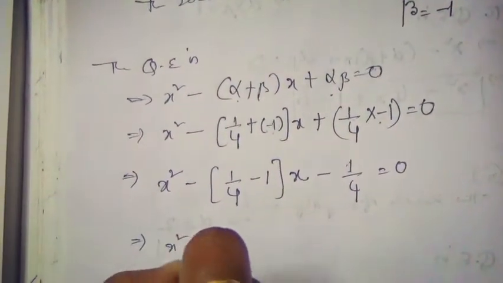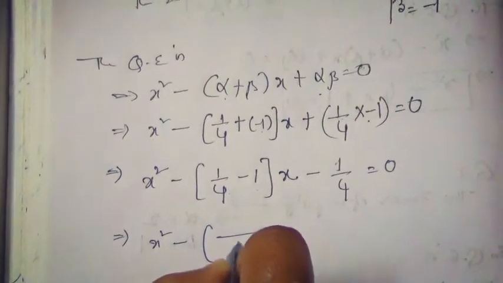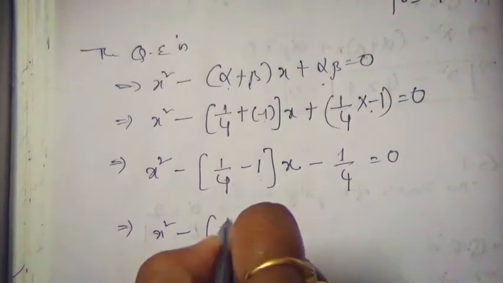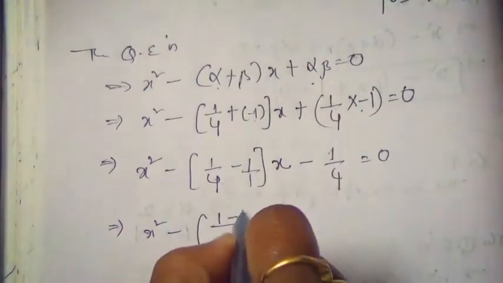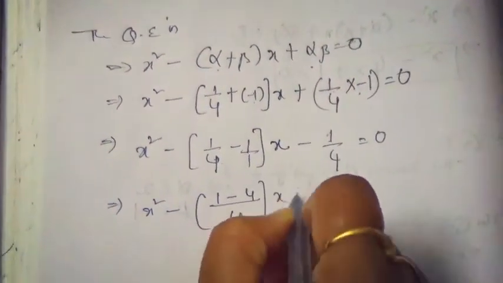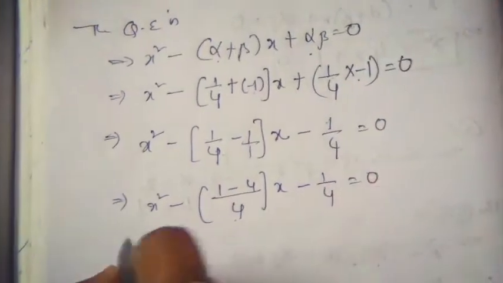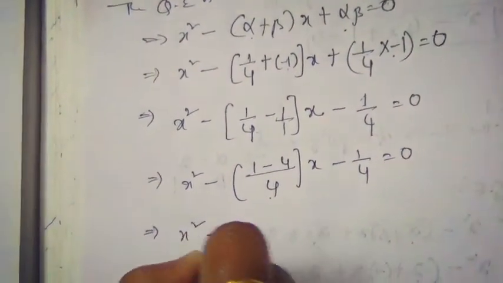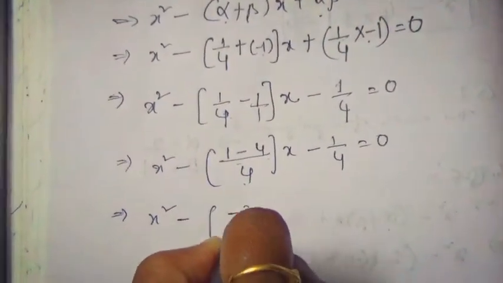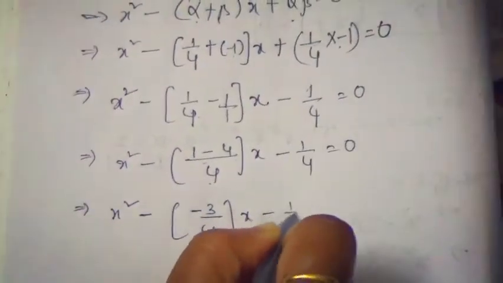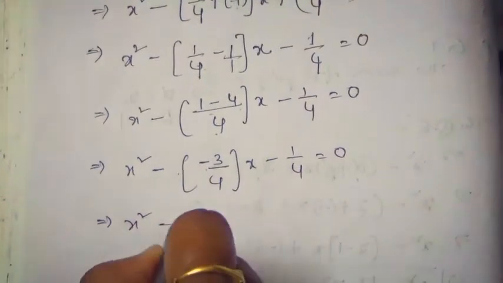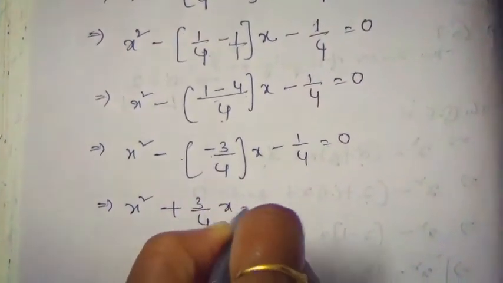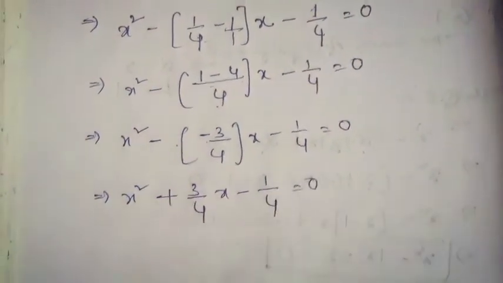So x square minus, 4 in 4 table, 1 by 1, 1 times 4 is 4, into x minus 1 by 4, that is equal to 0. That implies x square minus 3 by 4 into x minus 1 by 4, that is equal to 0. x square plus of minus 3 by 4 into x minus 1 by 4, that is equal to 0.